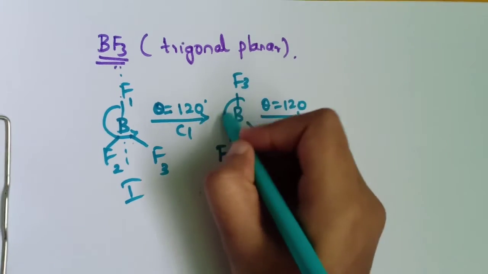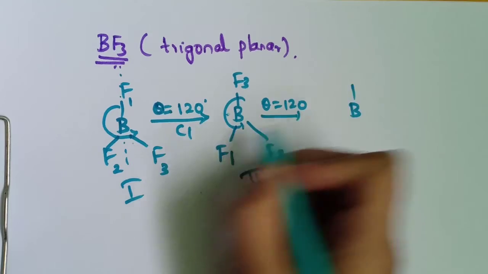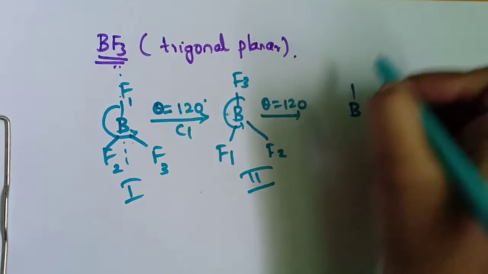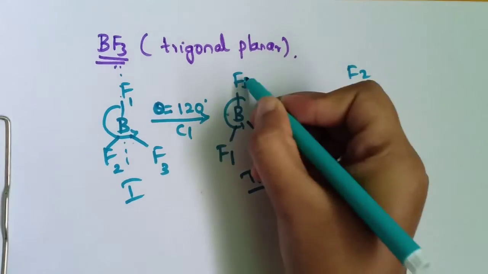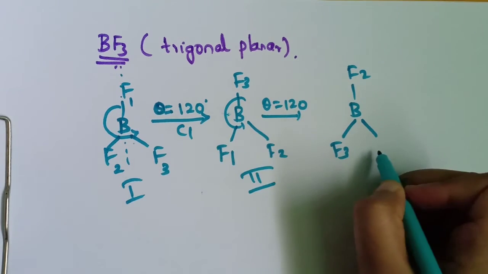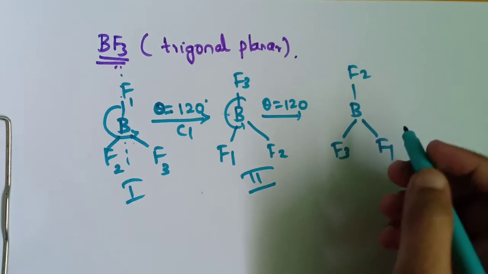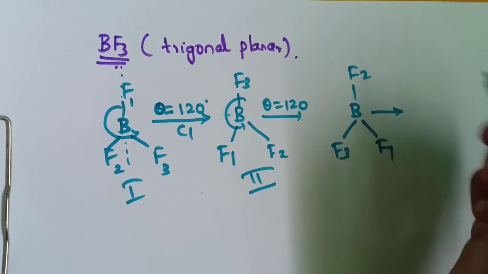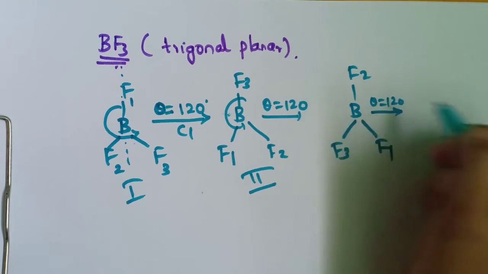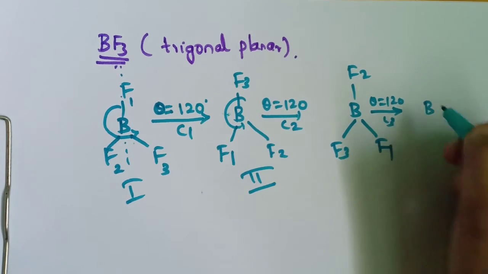Then we will obtain F2 at the B position, F3 in the place of F1, and F1 in the place of F2. So it is also not the original configuration. Now let's take another. The C3 operation is carried out again.